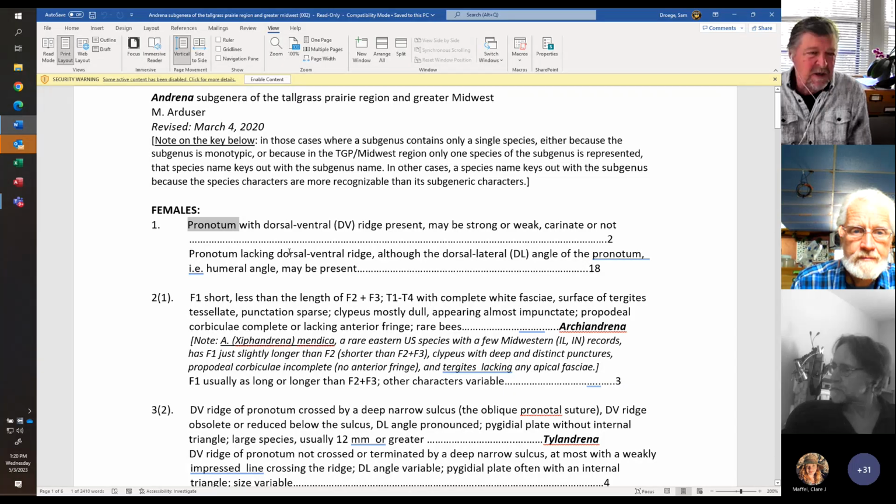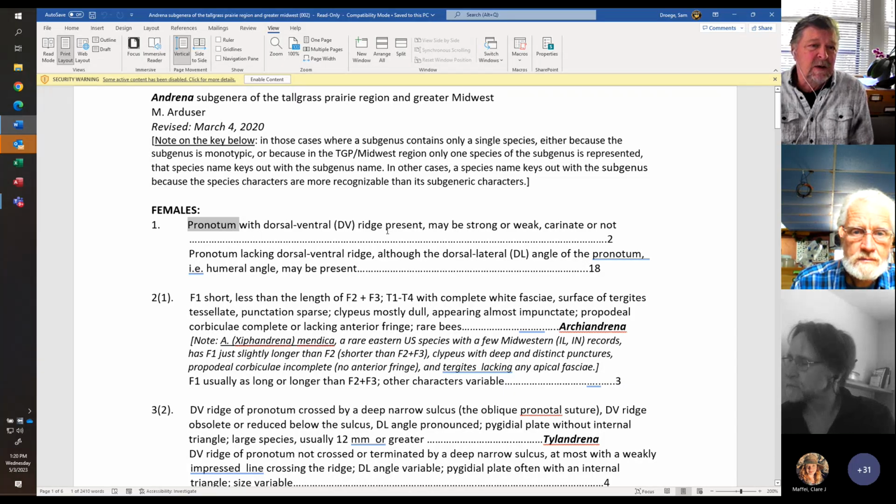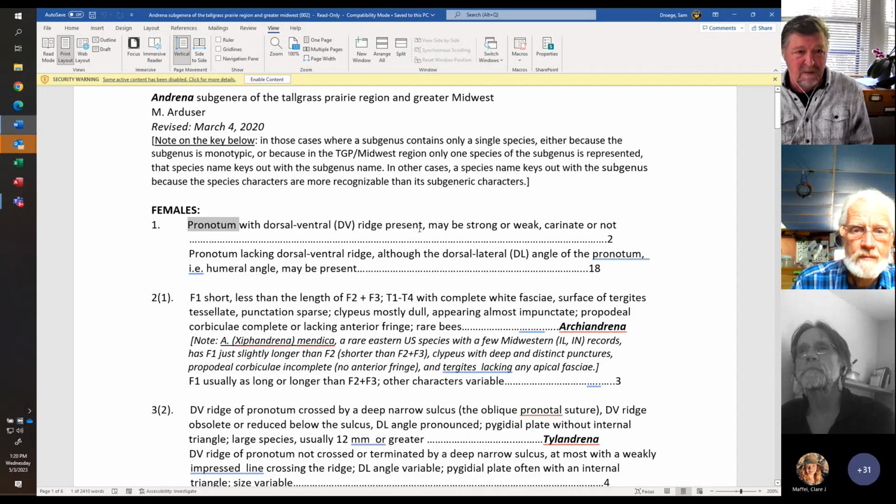So that's important to look at. And also is what we call the dorsiventral ridge, which extends down vertically, more or less, from that humeral angle. And it varies from very obvious and dramatic to very, very subtle.